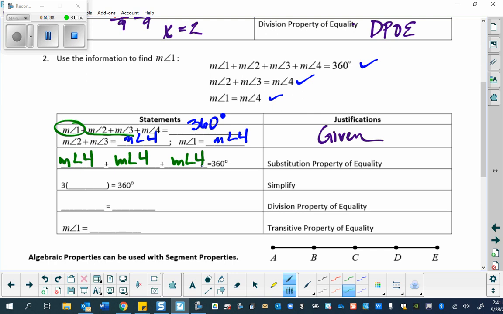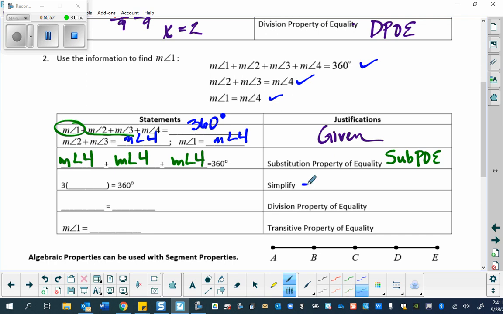So I was able to use the substitution property of equality to write each of those things in instead of what was originally there.